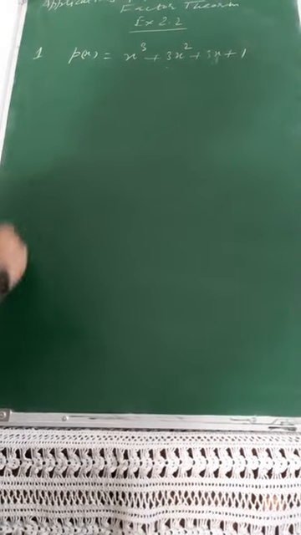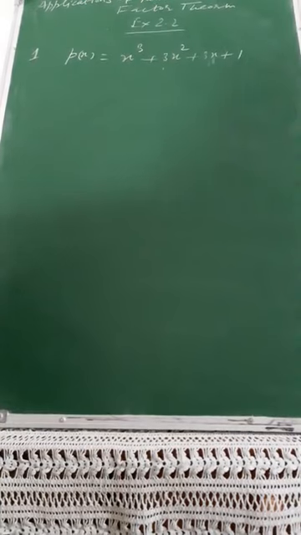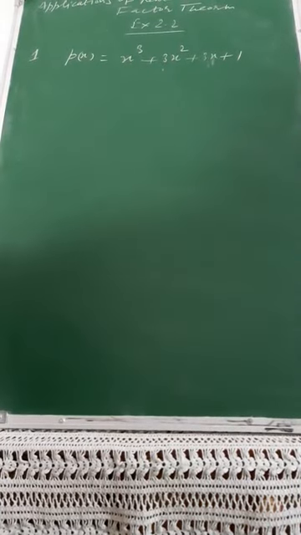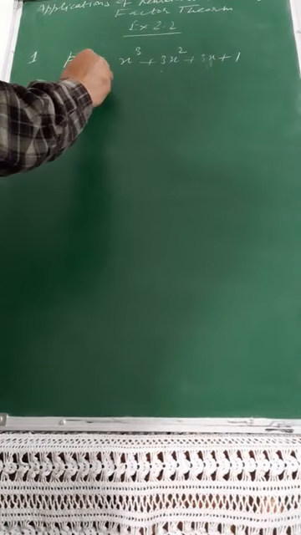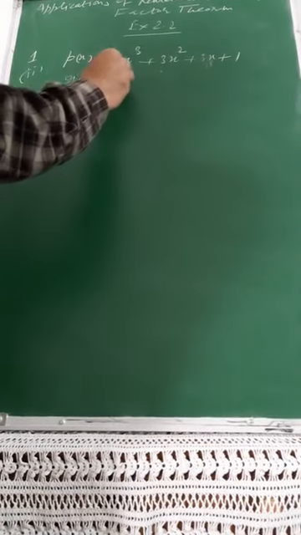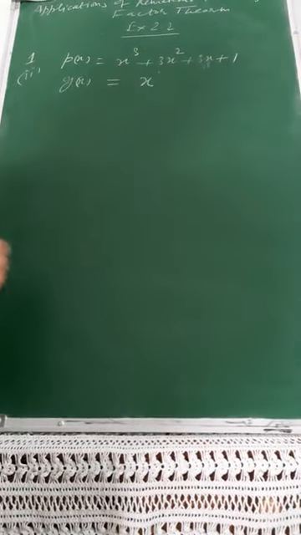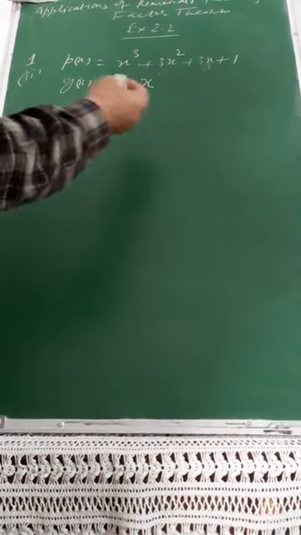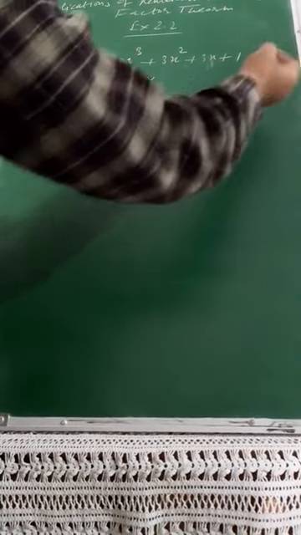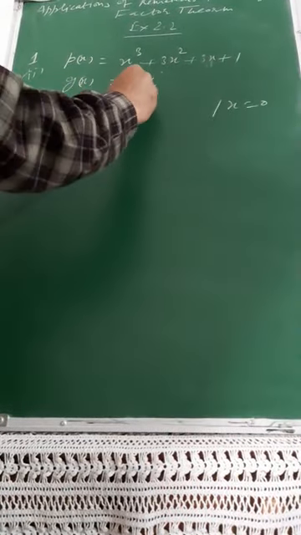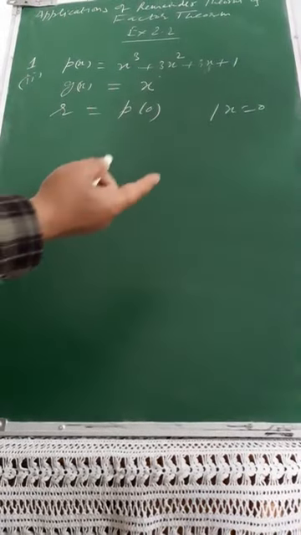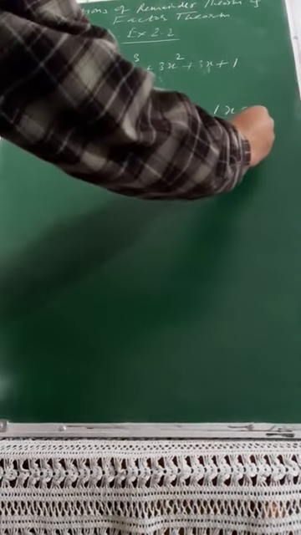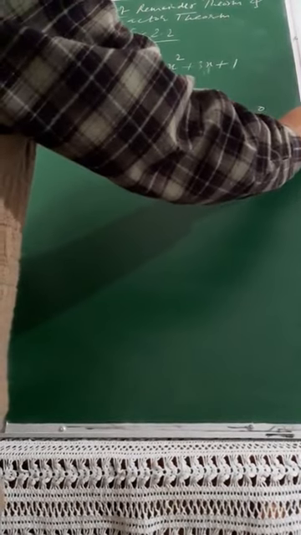But remember, the limitation is that your divisor is always of degree 1. Now in the second part, your g(x) is only x. So when it is x, x is equal to 0 simply, and the remainder will be p(0). It is neither x minus a nor x plus a, so in place of a I can put 0.